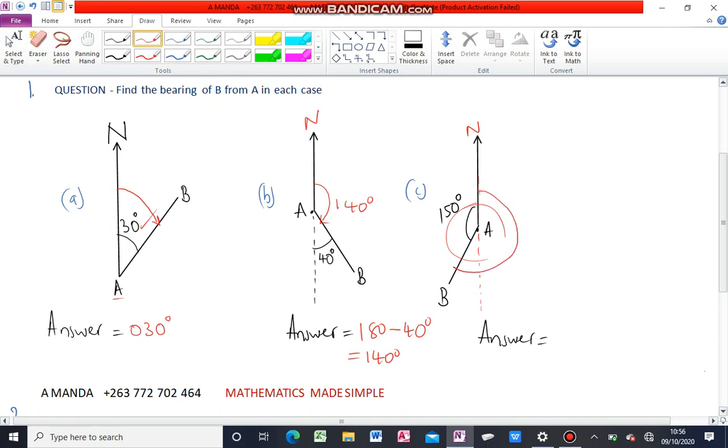We can simply say 360 minus the 150. 360 minus 150 degrees, then we get 210 degrees. That's the bearing of B from A.